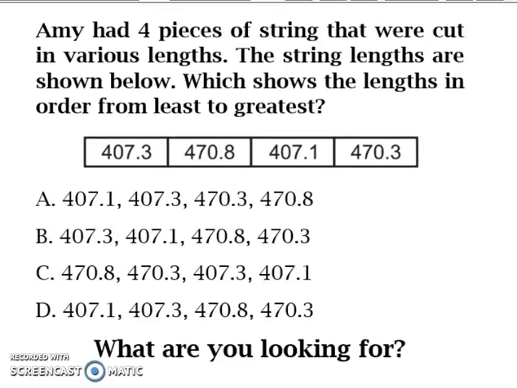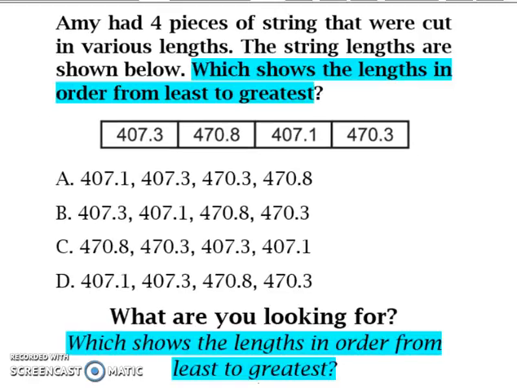In order to solve the problem, again, we must determine what we are looking for. We are looking for the lengths in order from least, which is the smallest, to the greatest, which is the largest.